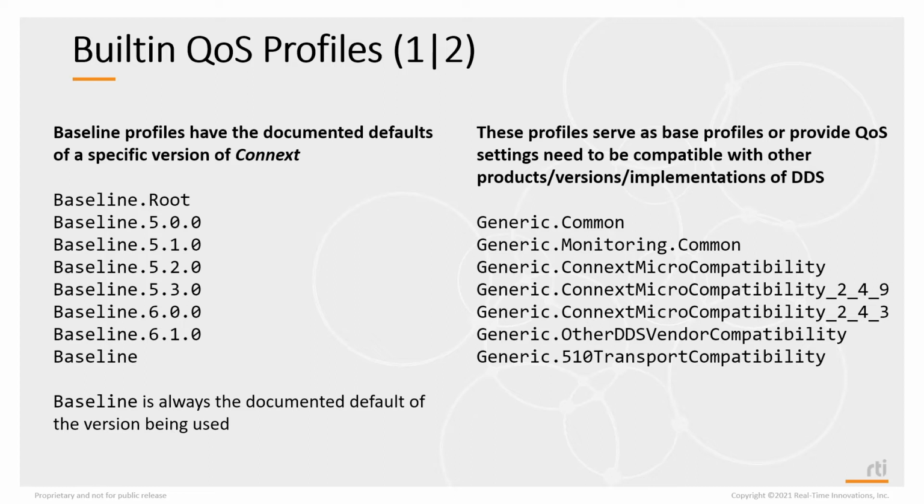If your Connext DDS application needs to talk to a Connext Micro application, there are some QoSs that you should be modifying to allow that connection to happen. And then there are some specific Connext Micro versions, like 2.4.9 or 2.4.3, that require slight tweaks to those values.